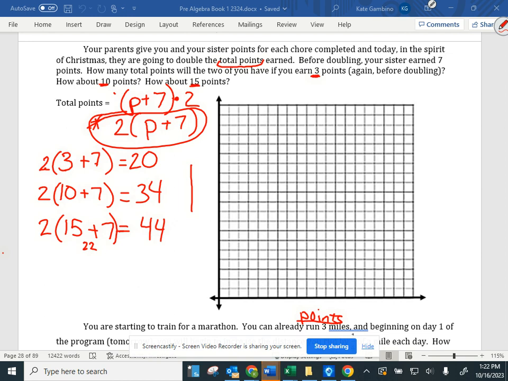What is the side? What do I get by changing the points? What am I finding? When I figure it all out, what do I get? Adeza? Total points. So my points are down below. Total points with me and my sister are what we're finding up the side.